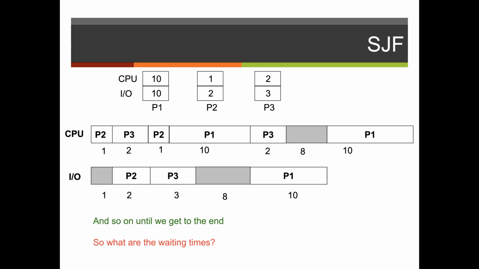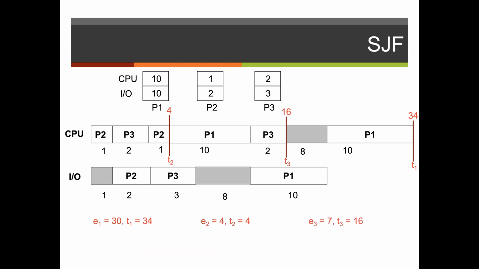And so if we wanted to calculate the appropriate waiting times, we can do that as well. For T2, we have a value of 4, P3, a value of 16, and T1, a value of 34.